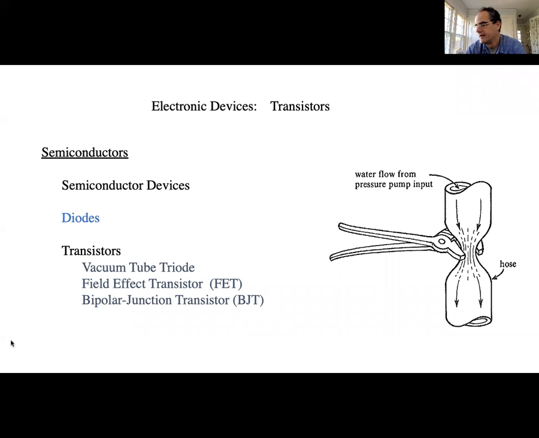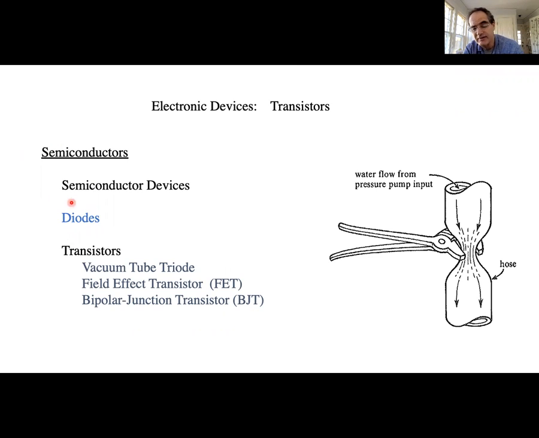Okay, so just to remind ourselves where we are, we've been talking about semiconductors, of course, and semiconductor devices. In the last few lectures, we've talked about diodes, and we've seen how the p-n junction, which is an interesting bit of physics in itself, is behind two important devices.